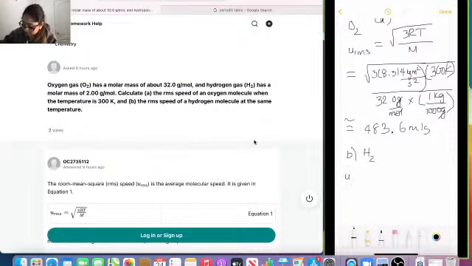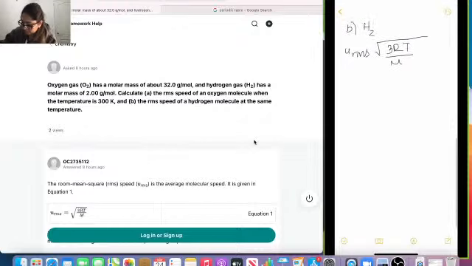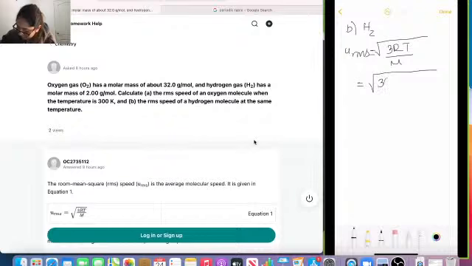We have the root mean square speed of hydrogen, and the formula is 3RT over M. We're just going to put everything we know here, and what we get is the square root of 8.314, still using kilograms meter squared over second squared in this case also, times 300 Kelvin.